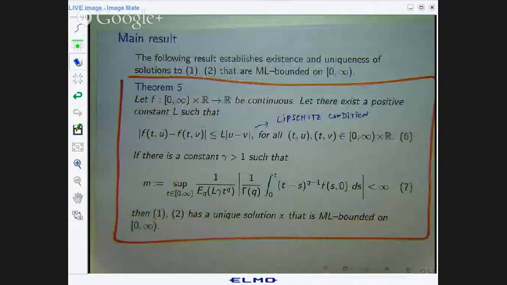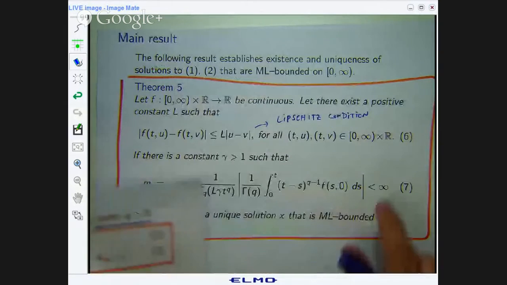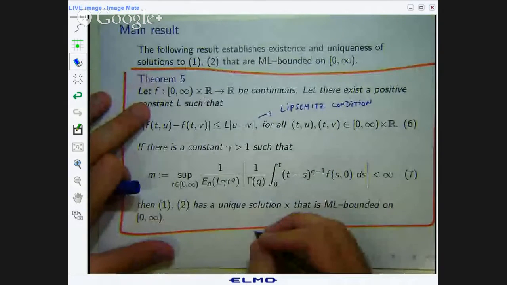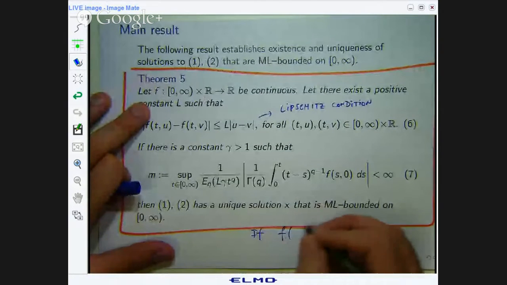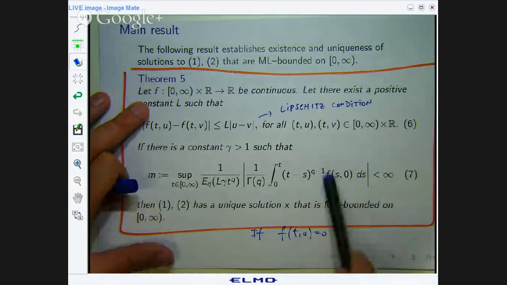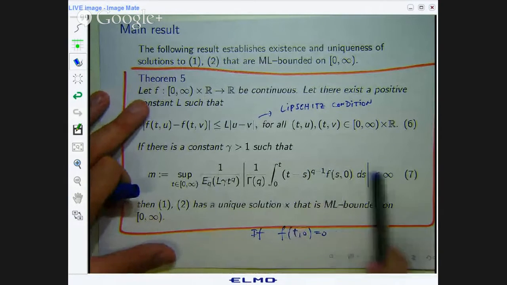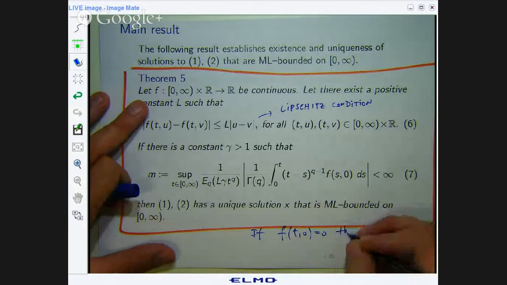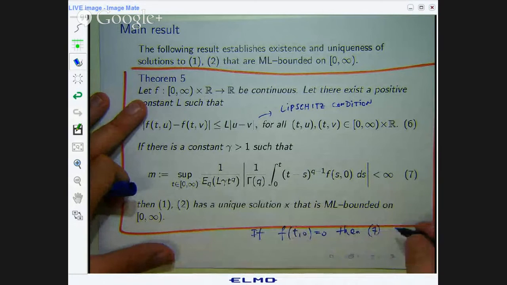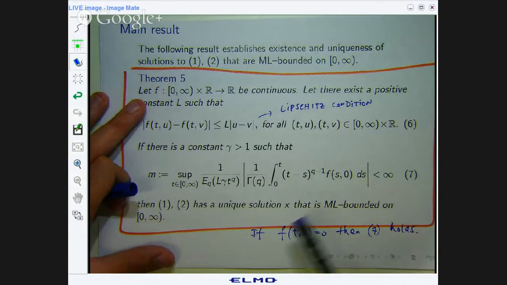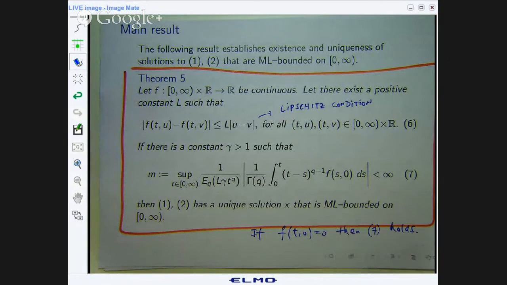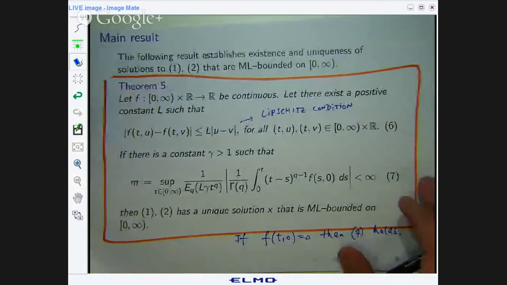Okay, now let's just have a look at 7 for a second. It's pretty easy to see that if f of t 0 equals 0, then this thing is 0, so the whole thing has to be 0. So that's one way to ensure that 7 holds. That won't always be the case, but that's one way of doing it.